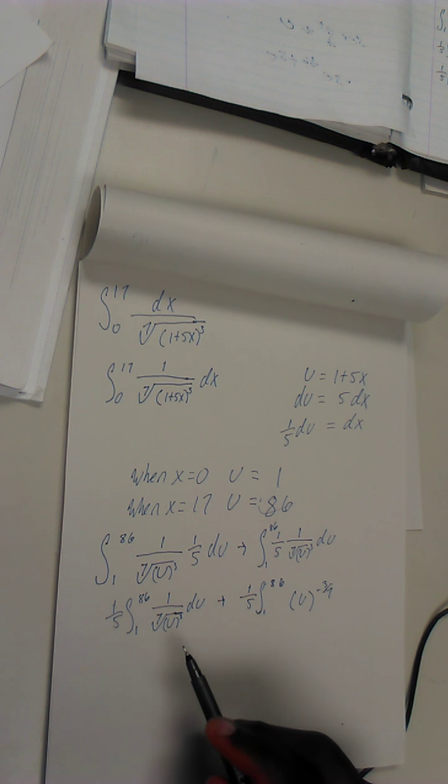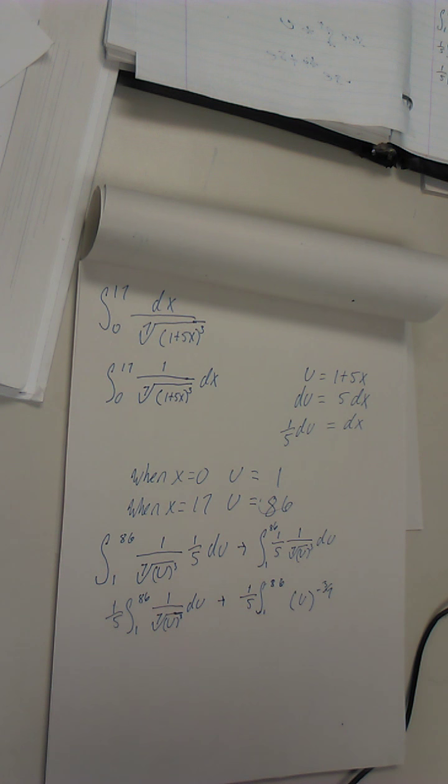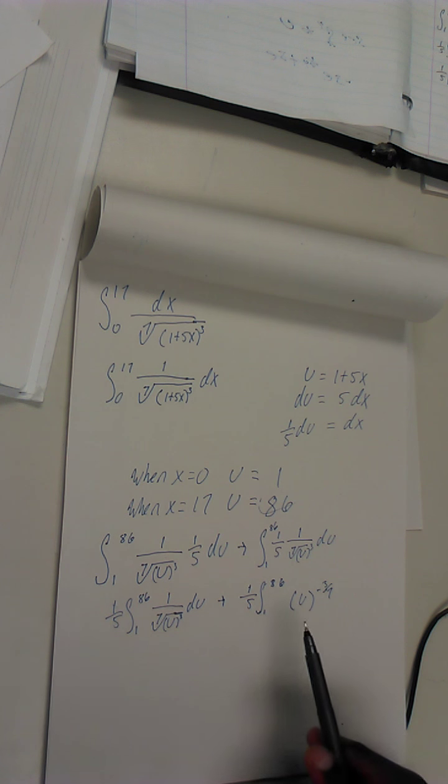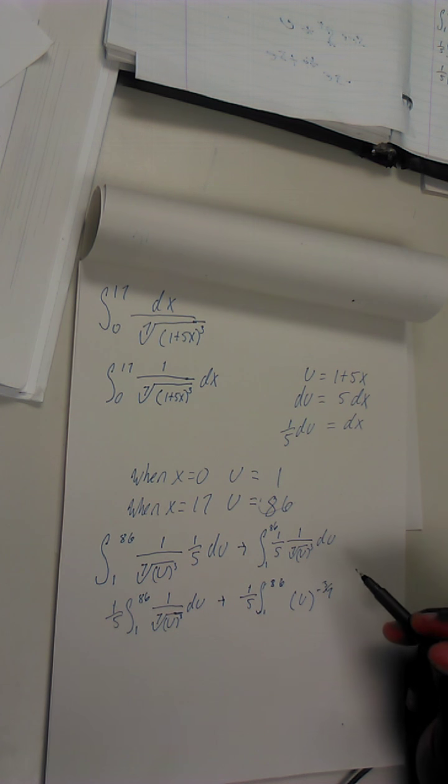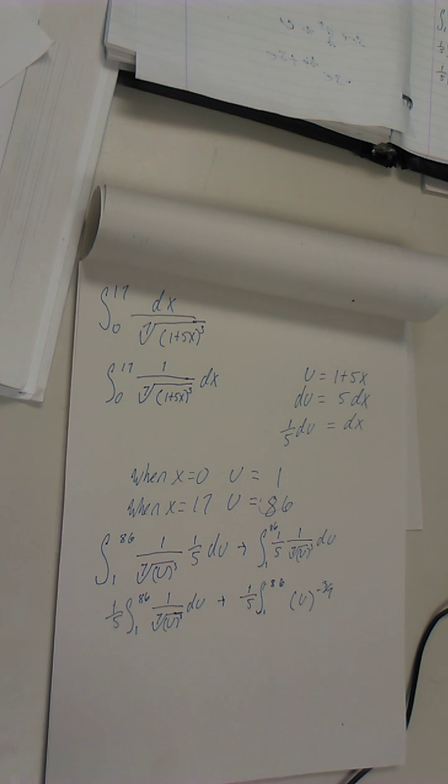Because you account for that 3 and that 7 there. Like I said, if this was just a u and this was a 2, this would just be u to the 1/2, right? And so now we go ahead and integrate.